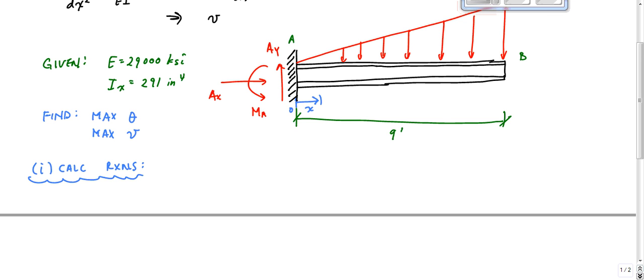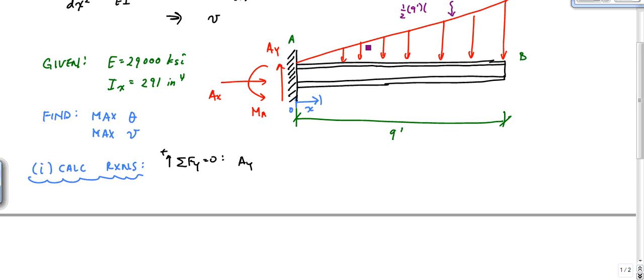But here, if I sum forces in the y, or the vertical, equal to 0, right here, I have AY minus the resultant of this triangle, which I'll put the purple arrow here, and that's going to be 1/2 the base, which is 9 feet, times 3 kip per foot, which is 13.5 kips, equal to 0.